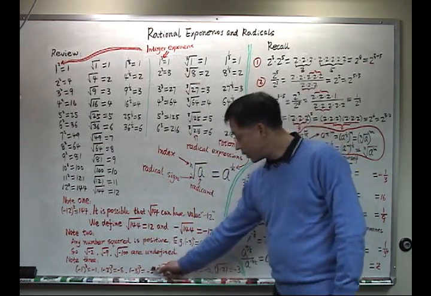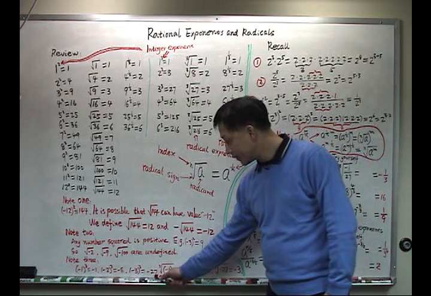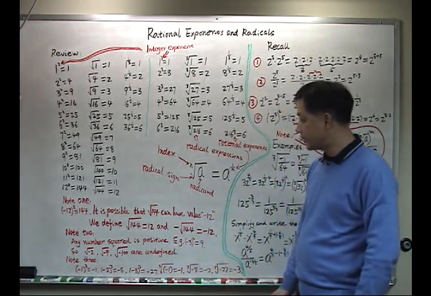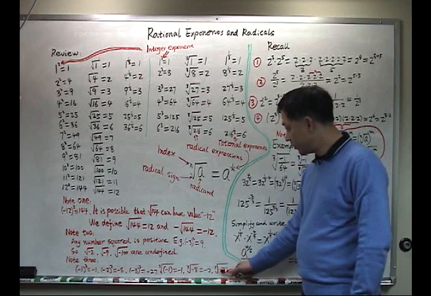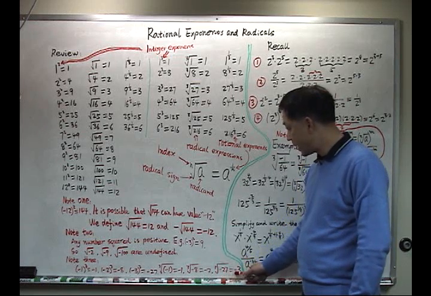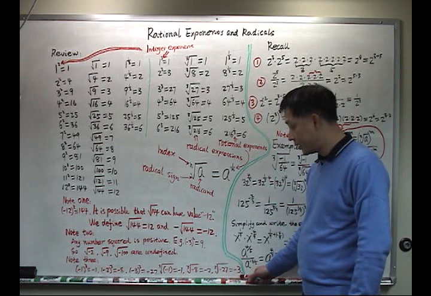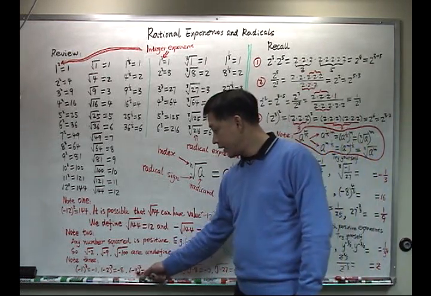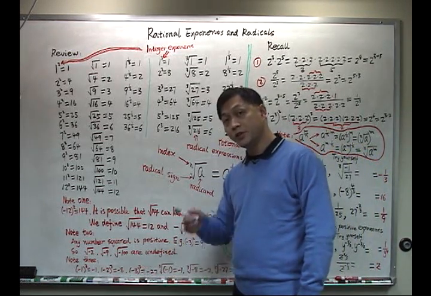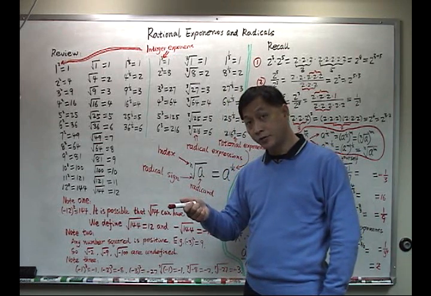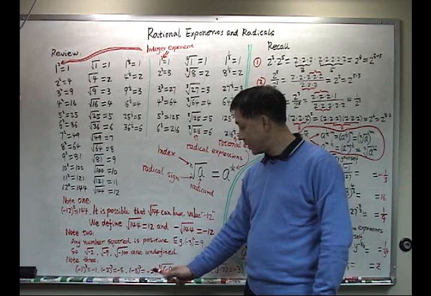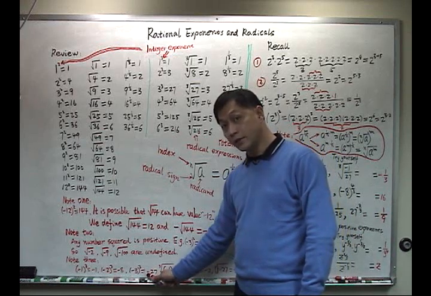And then here, from negative 27, you go back to find negative 3. You see right here? The cube root of negative 27 is negative 3, because negative 3 cubed means negative 3 times negative 3 times negative 3. We have 3 negatives, so it goes negative.